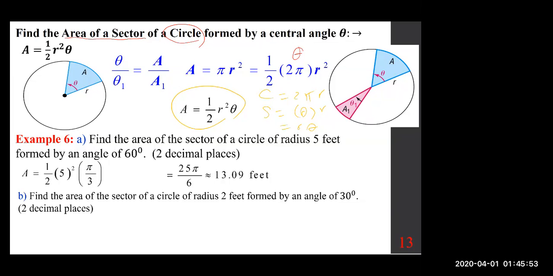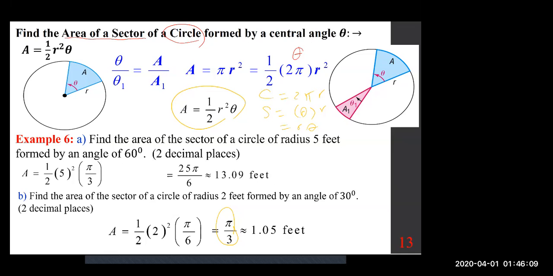And so you plug in 1/2 r squared, which is 2 squared times pi over 6, and you have pi over 3 feet. By the way, class, this is an exact answer, in feet. And then using a bunch of decimals, you get an approximation.